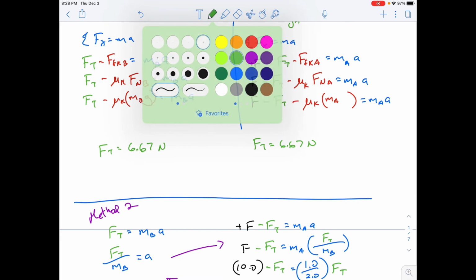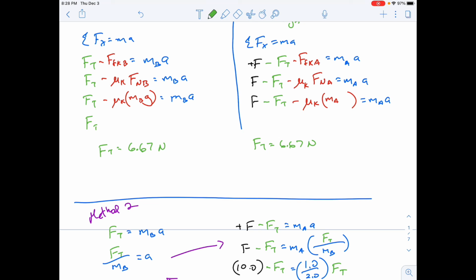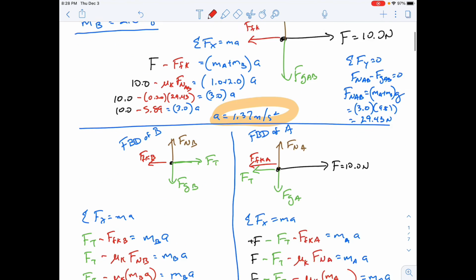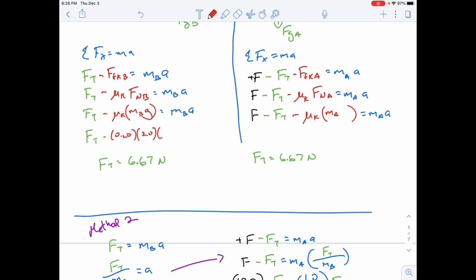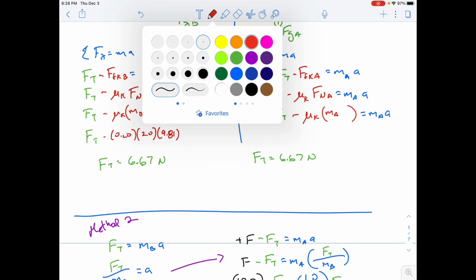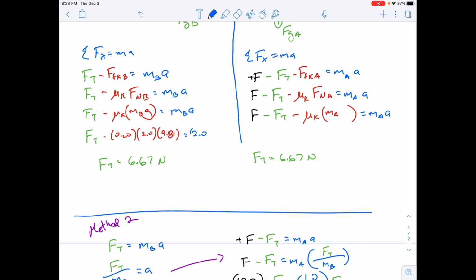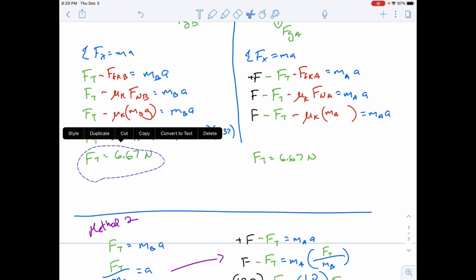I mean, this will work either way you do it. So let me plug it in. Oh, I keep forgetting MB is 2.0. And I think if it's not exactly 6.67, oopsie, if it's not exactly 6.67, it gets pretty close because of the rounding.